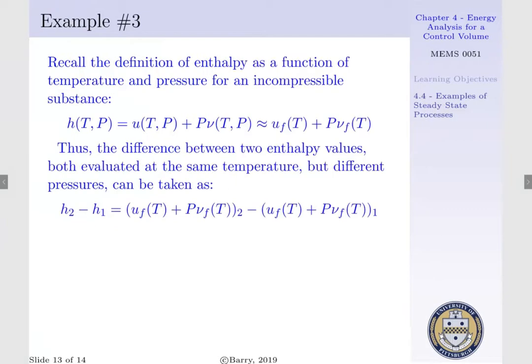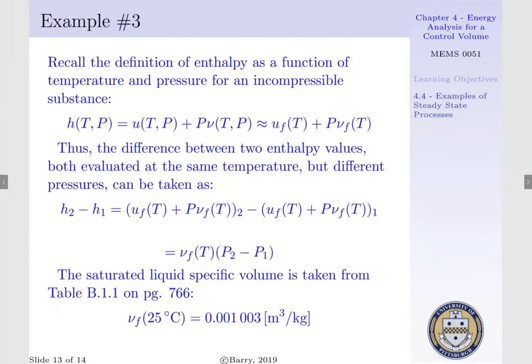Thus, our difference between our enthalpies at state 2 and state 1 can be evaluated as our following expression. We recognize our saturated liquid specific internal energies evaluated at T2 and T1 are going to be identically equal. Terms cancel out. Thus, we take our saturated liquid specific volume from table B.1.1 as 0.001003 meters cubed per kg.